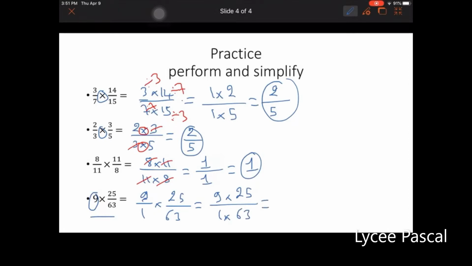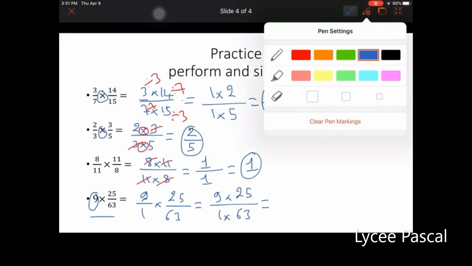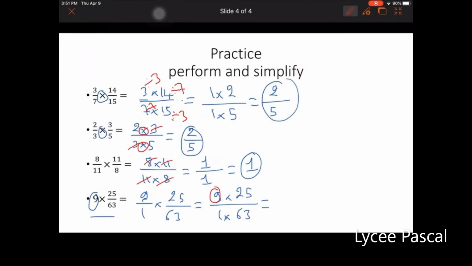Before we multiply the two numbers in the numerator and the two numbers in the denominator, we see if we have a common divisor for numbers in the numerator and the denominator. The common divisor is for the numbers 9 and 63. These two numbers are both divisible by 9.